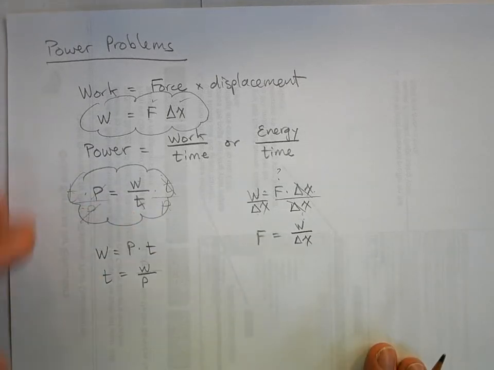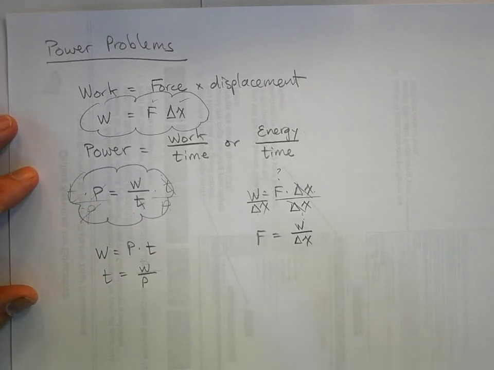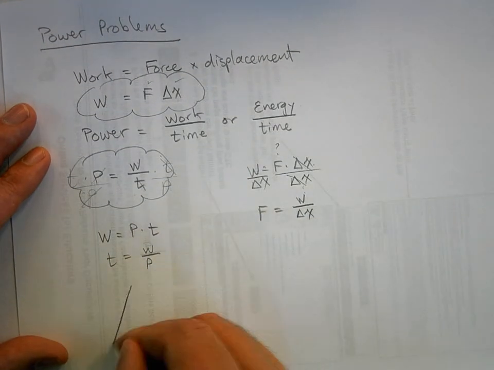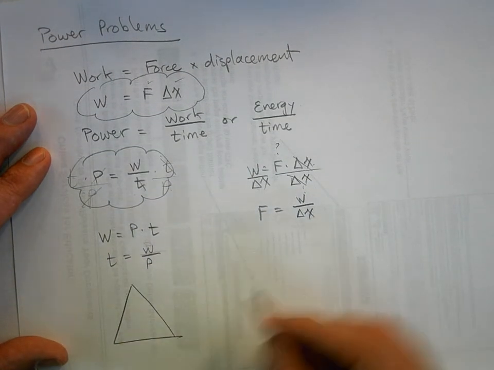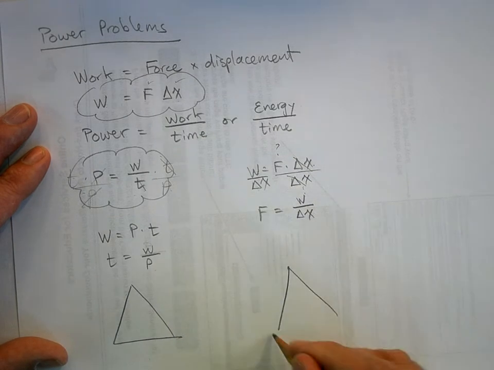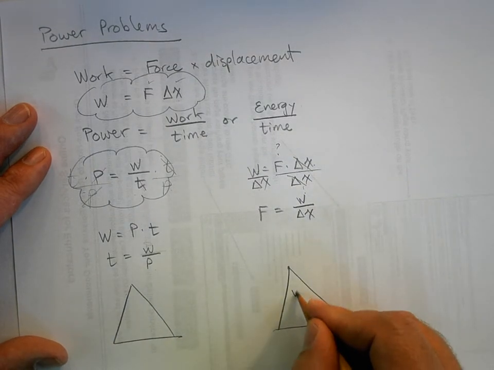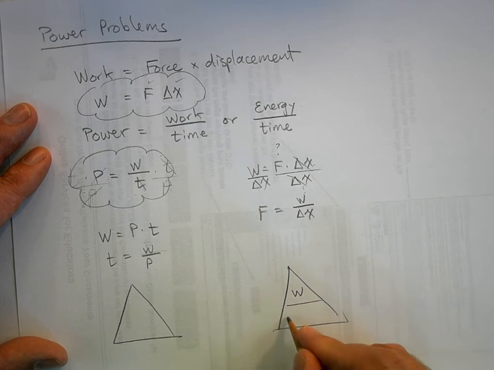There are little tricks you can do and put on an equation list before a quiz or something. For work, you can say work equals force times displacement.